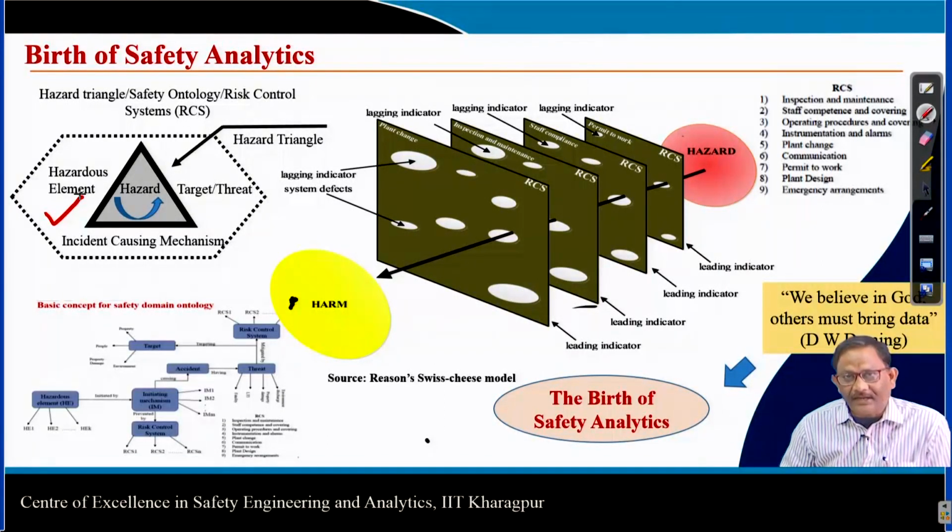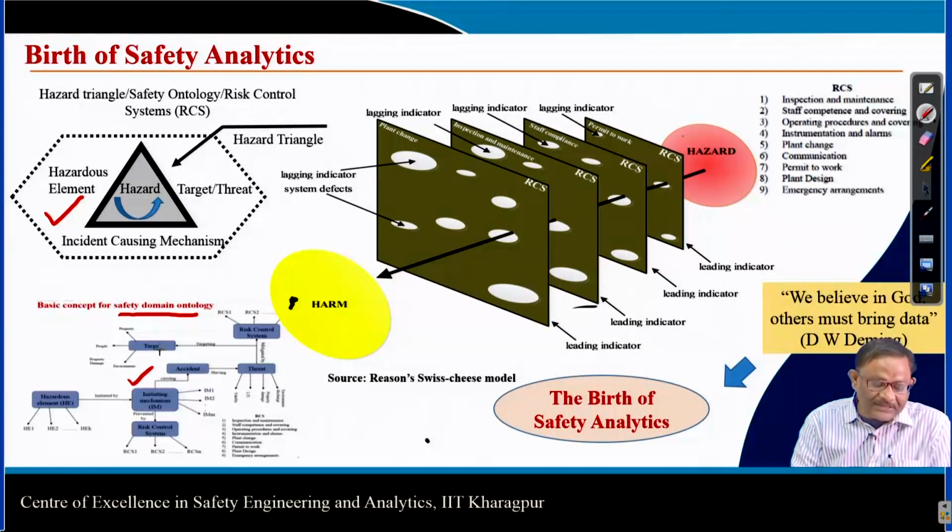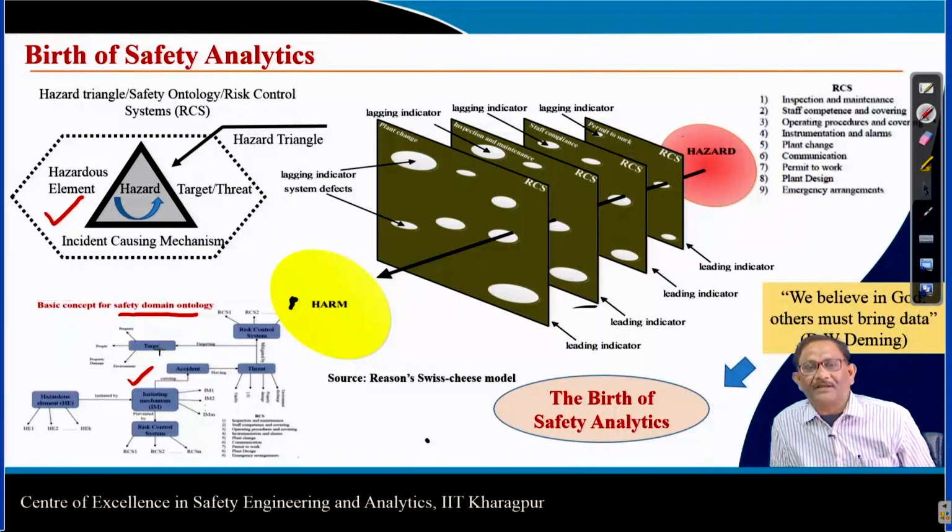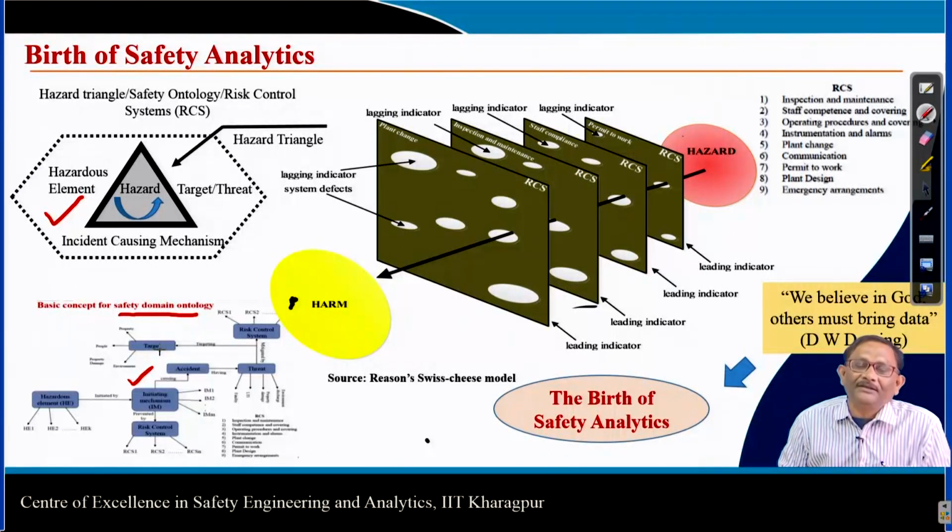The hazard triangle has certain components, and you should not concentrate on only one component; you have to consider all of them. At the same time, I told you that you should not forget the safety domain ontology and the entity relationships which primarily come from the hazard triangle. How they are related has to be understood at the minimum basic level.